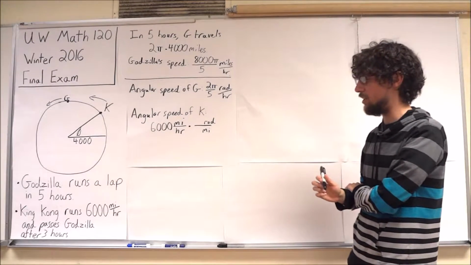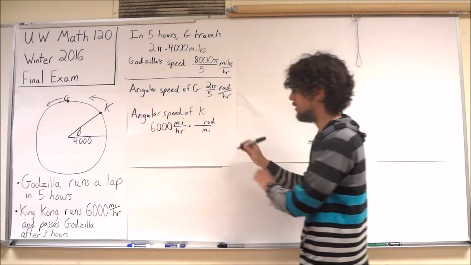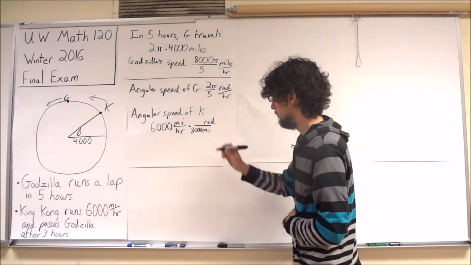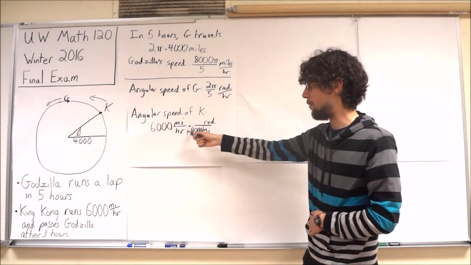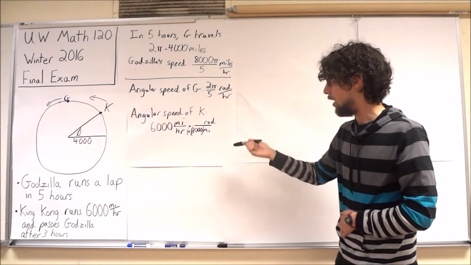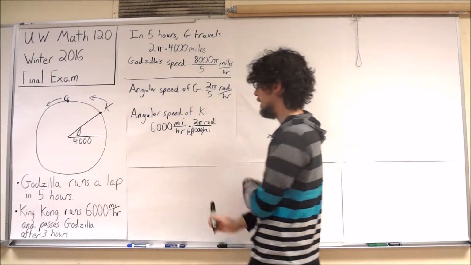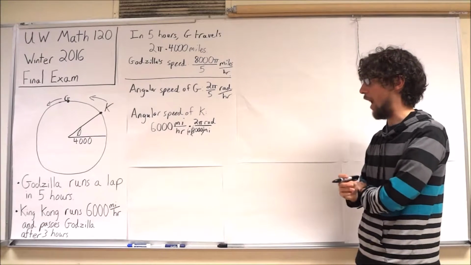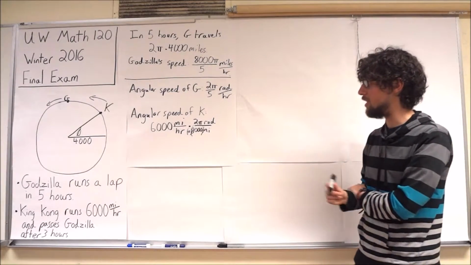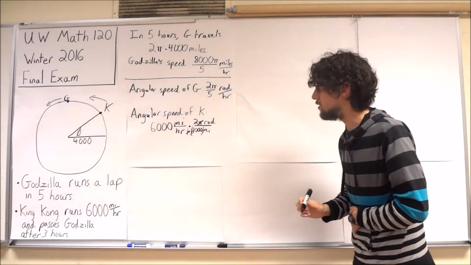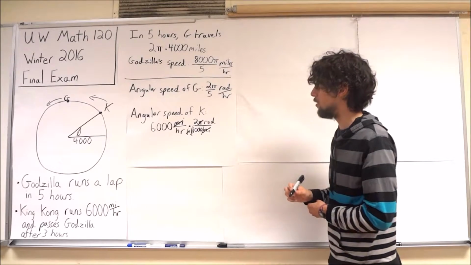Sorry for the poor space management here. This is a denominator of 8,000 pi miles. My conversion factor is that 2 pi radians is the same as 8,000 pi miles. So I can say that King Kong's angular speed then is 1.5 radians per hour.